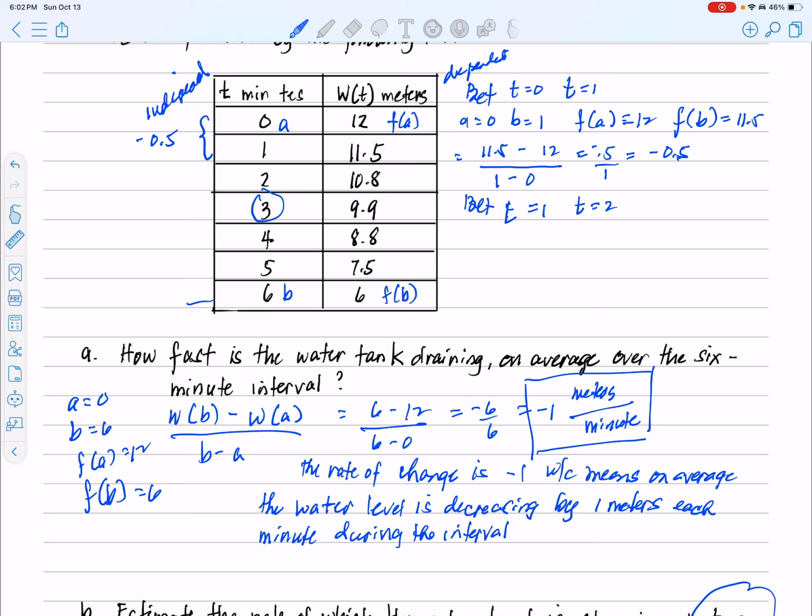So our a would be 1, b would be 2. So f of a would be 11.5. F of b would be 10.8.